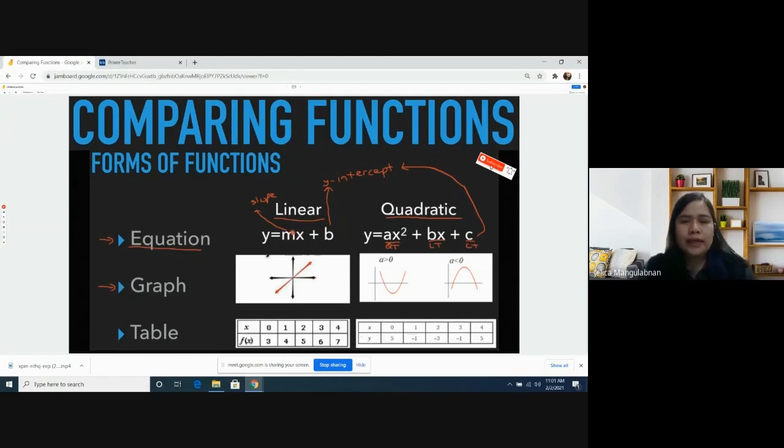Then let us have the graph comparing the two functions. For the linear function, if the value of the slope is positive, the graph is going up, so this graph has a positive slope. If the slope m is negative, the graph is going down.